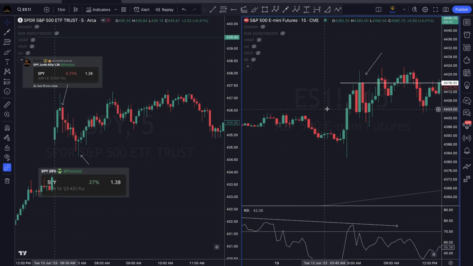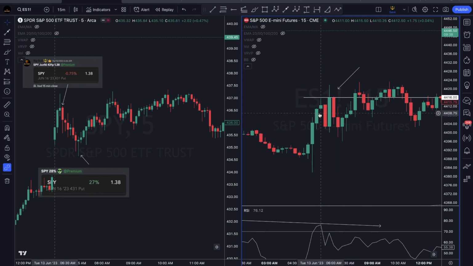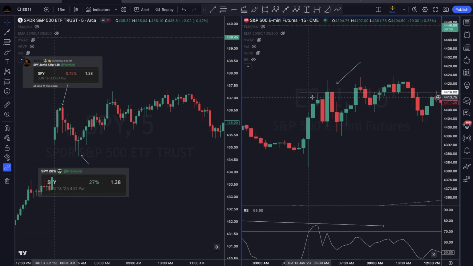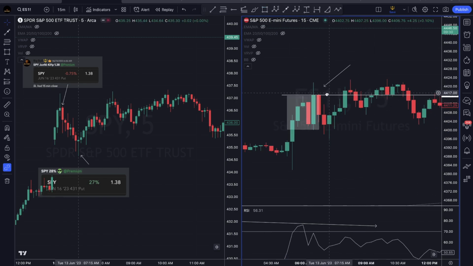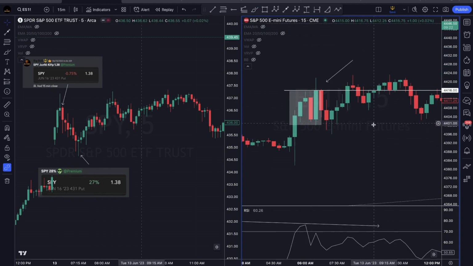You won't see this in SPY, because it happened just before market open. So this was the range that ES formed. If bulls wanted to continue, the price should have closed above this level, retested it, and then moved higher, something like this. But that never happened.